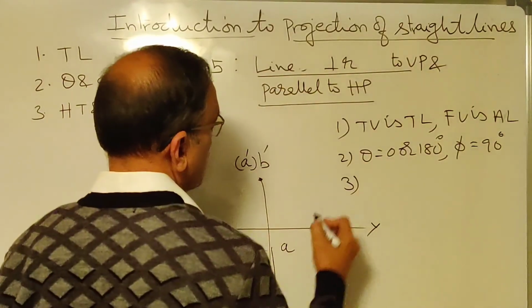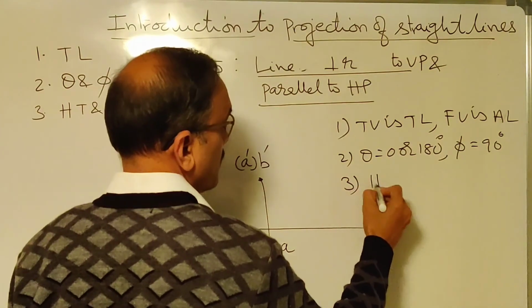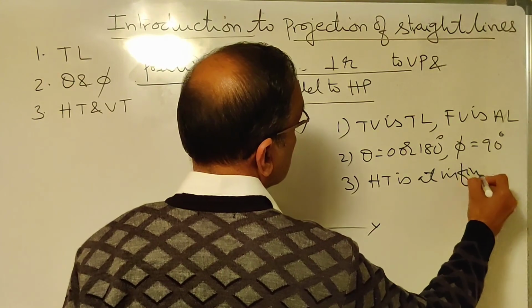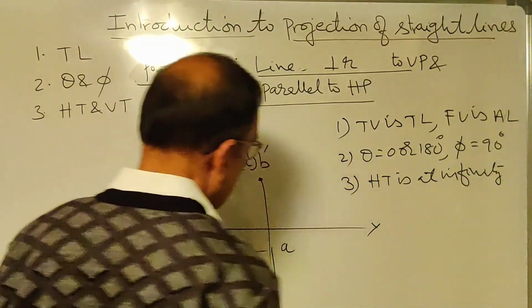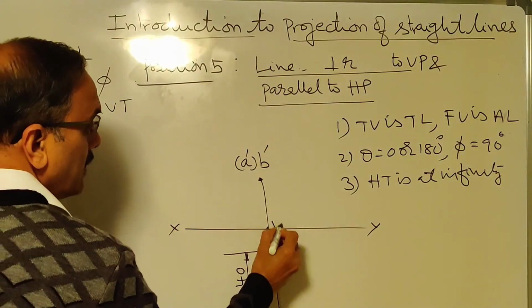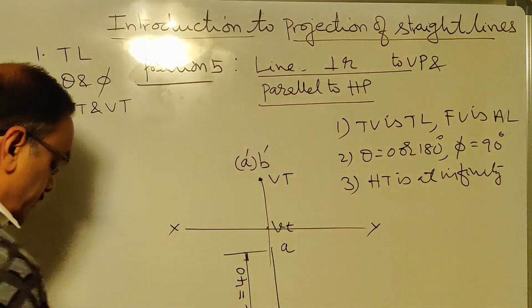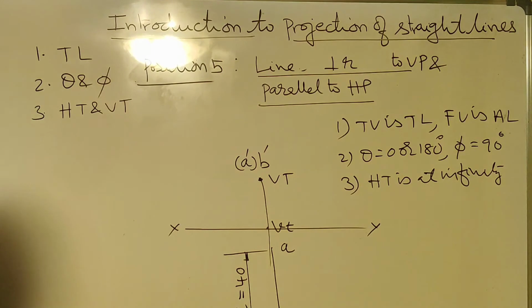This will not have HT. HT is at infinity. And it will have VT. This is small vt. This is the vertical trace VT. Okay.